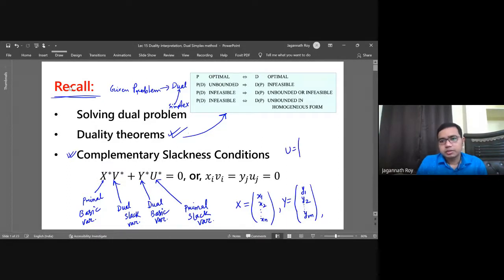U is variables u1, u2, up to um, and v is v1, v2, up to vn.